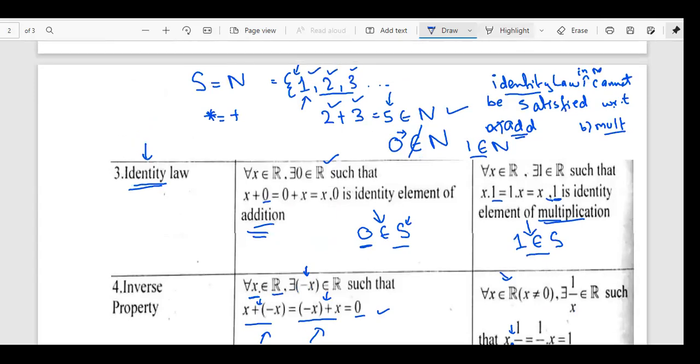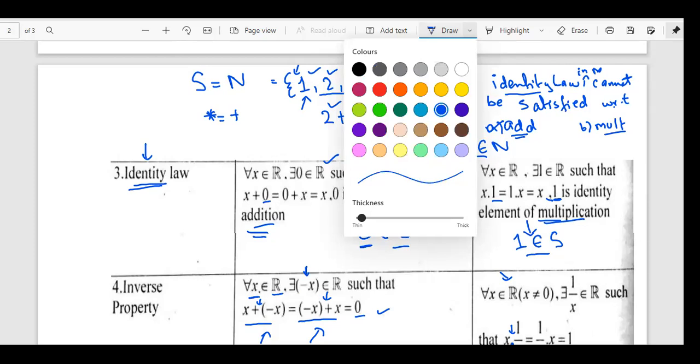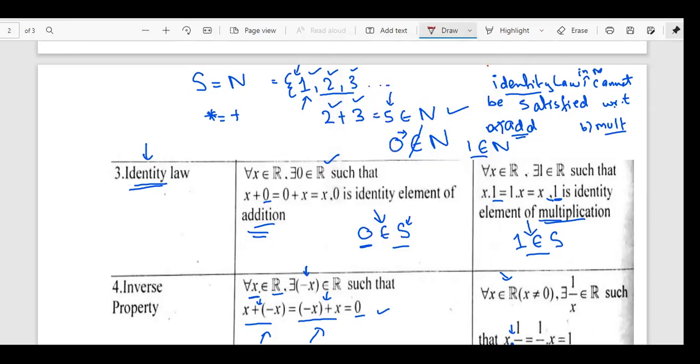Okay. Now, if I give you a quick recap, when we were talking about the set of natural numbers, we said that we do not have the additive identity with respect to addition. We did not have the 0, but we have 1. So the identity law with respect to multiplication was satisfied in case of the set of natural numbers. But if we talk about the inverse property, do you think that the inverse property would be satisfied with respect to multiplication?